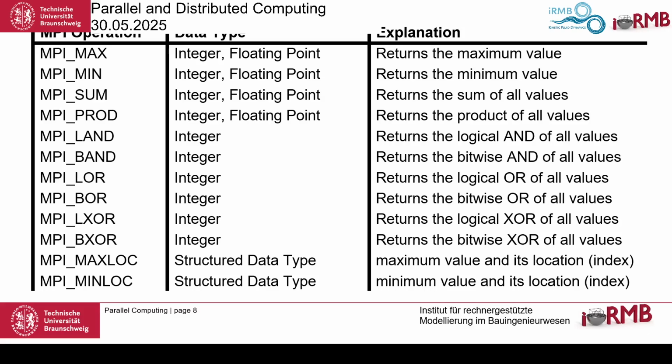Logical, yes, logical and, bitwise and, logical or, bitwise or, xor, and so on. Yeah, so things that we often use. I mean, all of them can be useful for different things, but what we very often have is the sum, the sum or minimum or maximum.